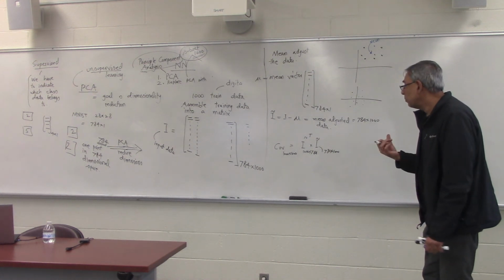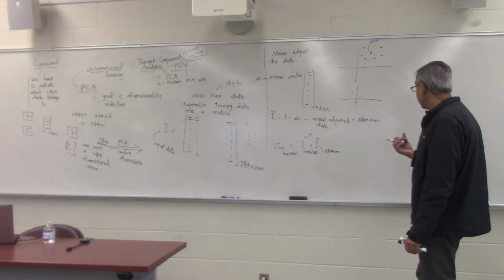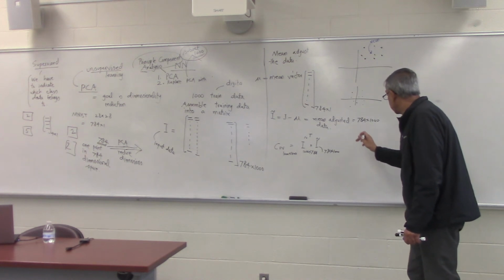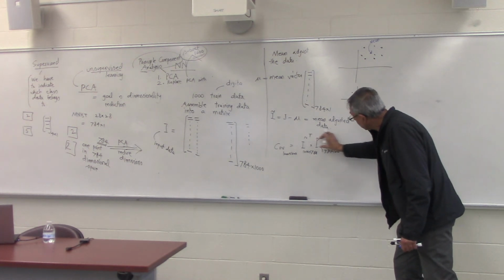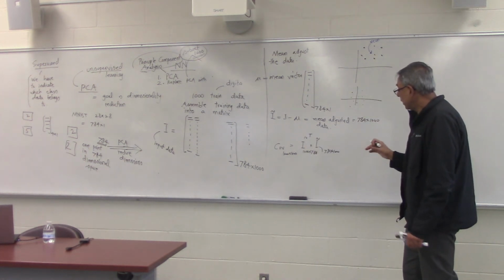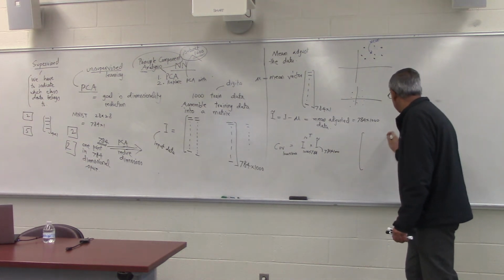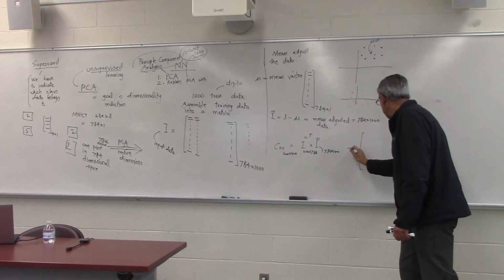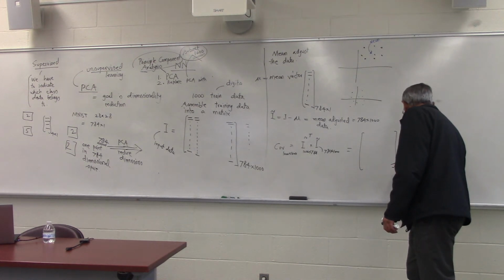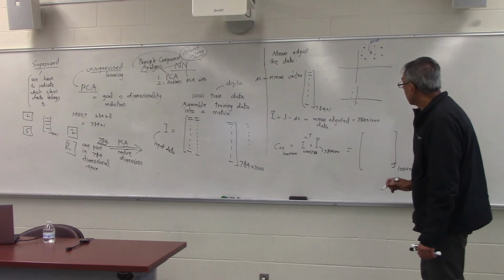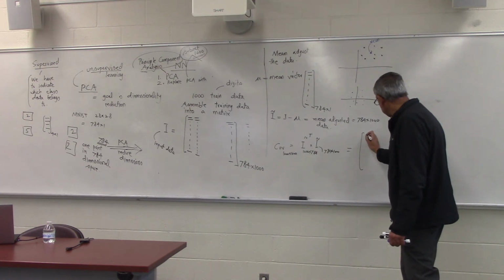So intuitively, what you can see is as we multiply these two, so this 1,000 by 1,000, essentially this is I0 tilde prime times I0 tilde.